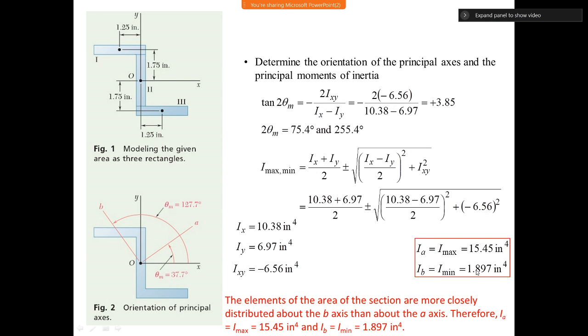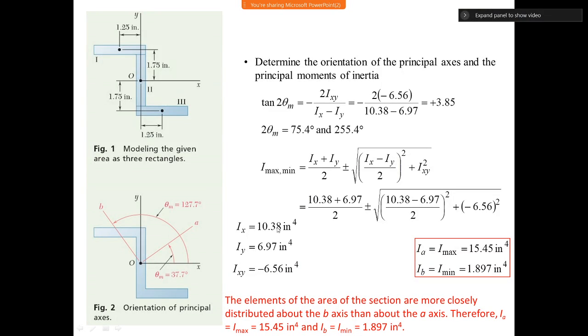You can see it's very, very small, 1.8, 1.9. So the elements of the area of the section are more closely distributed about the B axis than about the A axis. Therefore your IA is your I maximum, which is 15.45, and IB is equal to I minimum, which is 1.89 inches to the power 4.